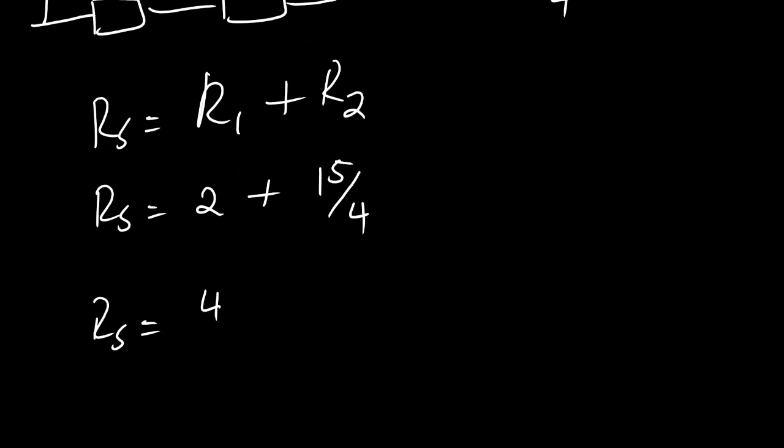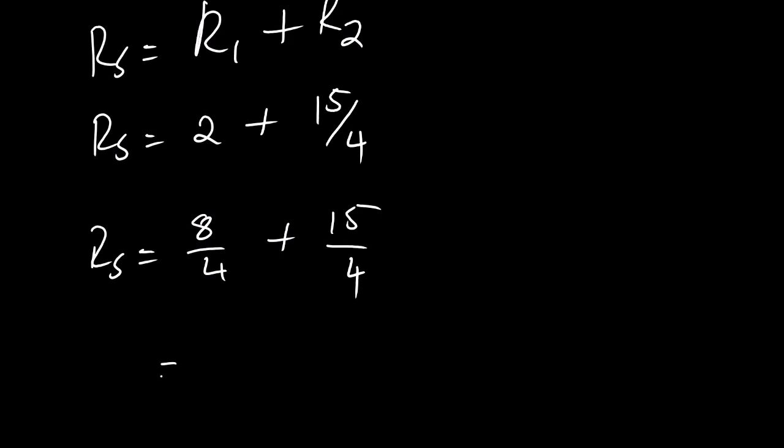Now you know that 2 is the same as 8 over 4 plus 15 over 4. So from here we can take one denominator, then 8 plus 15, we are going to have 23.